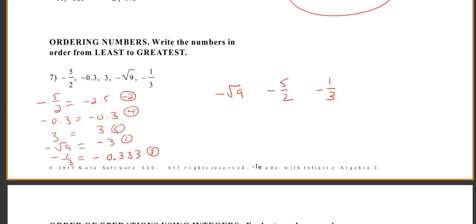Then I would move to the number negative 0.3. And lastly, I would have the number 3. So when I actually put them in order, notice that I have the original numbers, not the conversion to the decimal numbers.